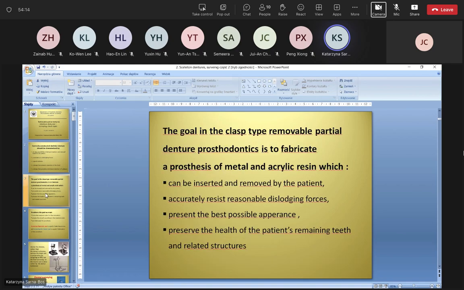So the goal in clasp type removable partial denture prosthodontics is to fabricate a prosthesis of metal and acrylic resin which can be inserted and removed by the patient, accurately resist reasonable dislodging forces, present the best possible appearance, and preserve the health of the patient's remaining teeth and related structures.